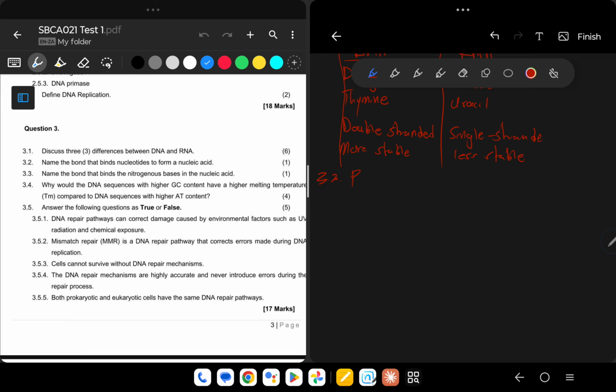That is the phosphodiester bond. 3.3 says: name the bond that binds the nitrogenous bases in the nucleic acid. We're talking about adenine, guanine, cytosine, thymine. The bonds between guanine and cytosine, and between adenine and thymine, we call the hydrogen bonds.